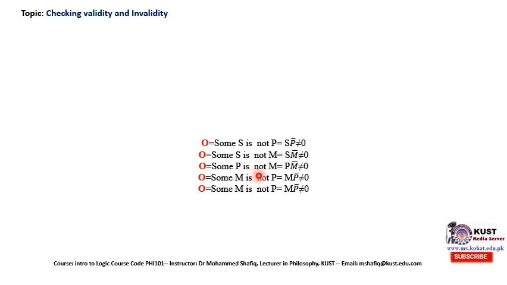And if we say some P is not M, PM bar is not equal to 0. So we will again put bar on the second one, PM, because it's a combination of two clauses, P, M. Some M is not P, MP bar is not equal to 0.